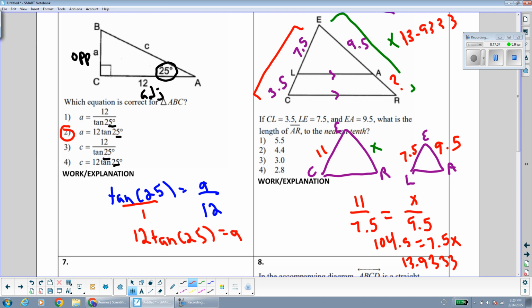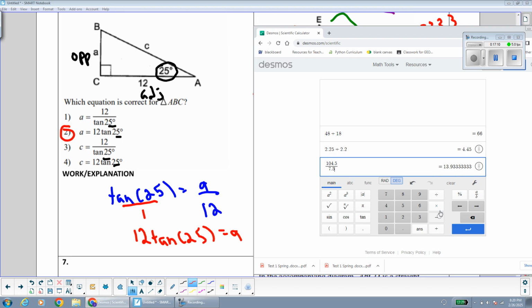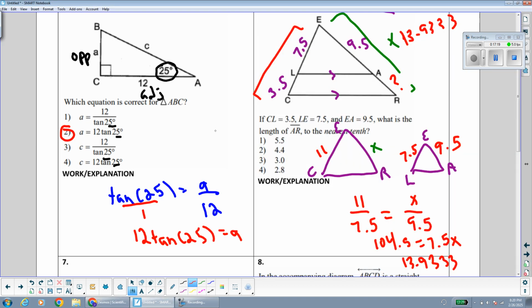So I need to subtract off 9.5. And that's about 4.4.